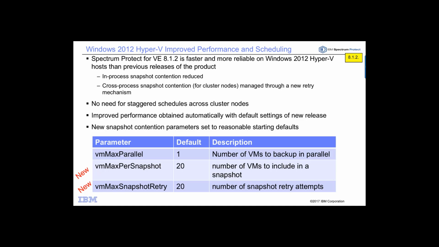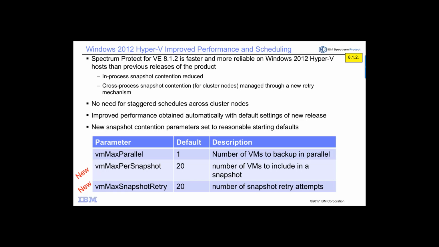Now we have added some new parameters in 8.1.2, including this VM max per snapshot parameter that specifies the number of VMs to include in a snapshot, and this VM max snapshot retry, which specifies the number of snapshot retry attempts should there be contention.